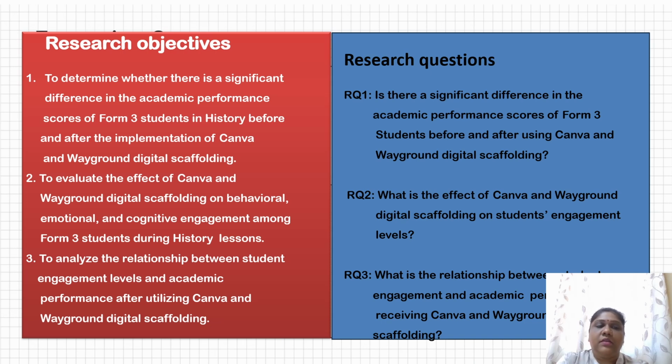The second is to evaluate the effect of Canva and Baamboozle digital scaffolding on behavioral, emotional and cognitive engagement among the Form 3 students during the history lesson. The third is to analyze the relationship between student engagement level and academic performance after utilizing the Canva and Baamboozle digital scaffolding.